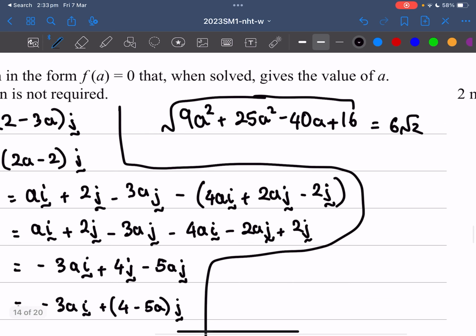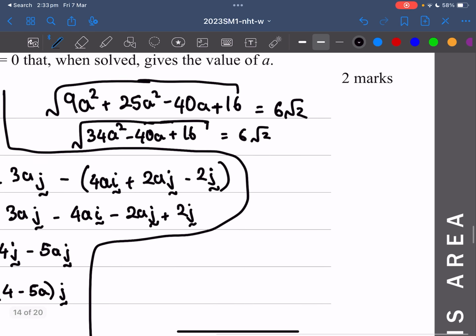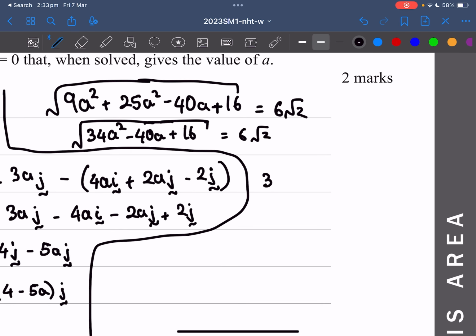So square both sides. Let me simplify this side first. We will have the square root of 34a squared minus 40a plus 16 is equals to 6 root 2. Now if I were to square both sides, we'll end up with 34a squared minus 40a plus 16 equals to 36 times 2, which is 72.